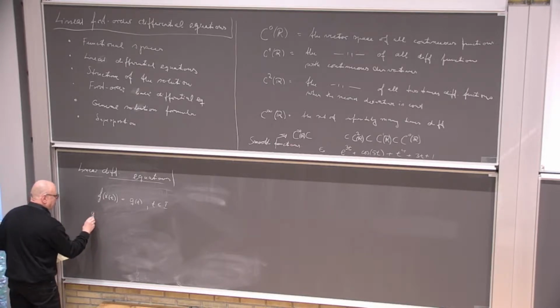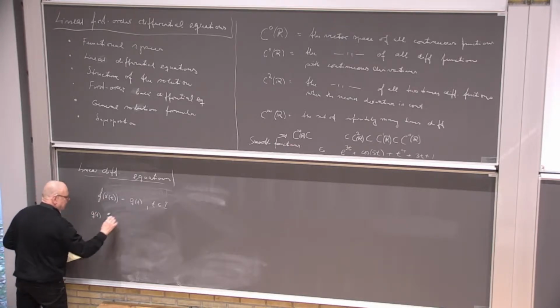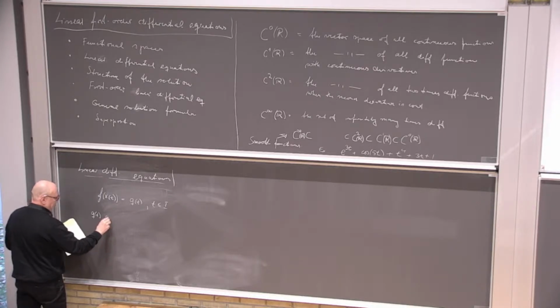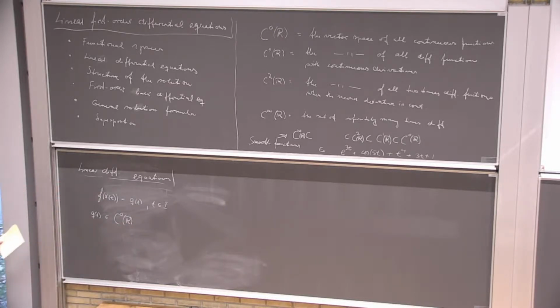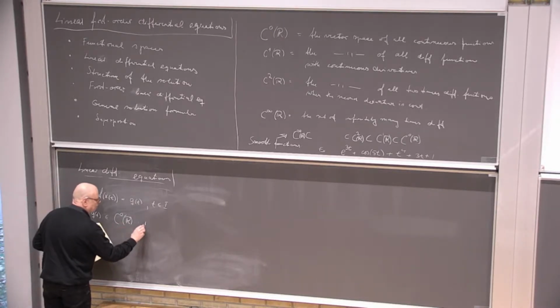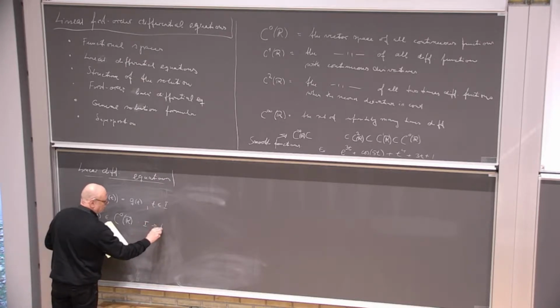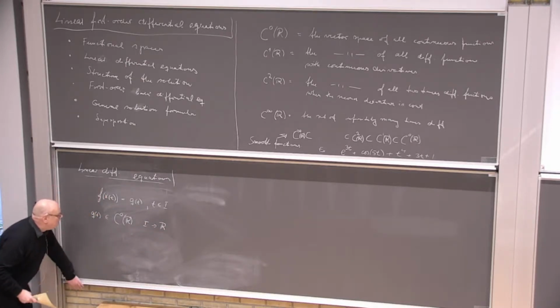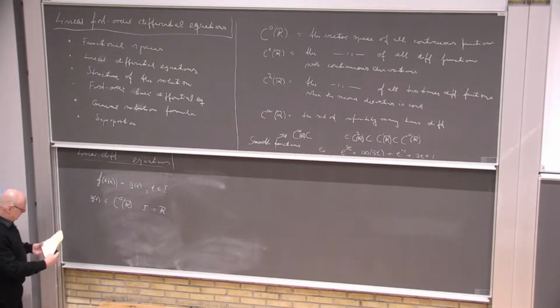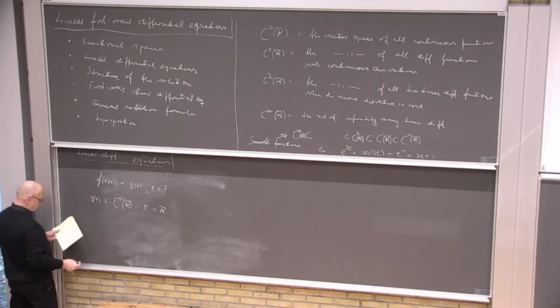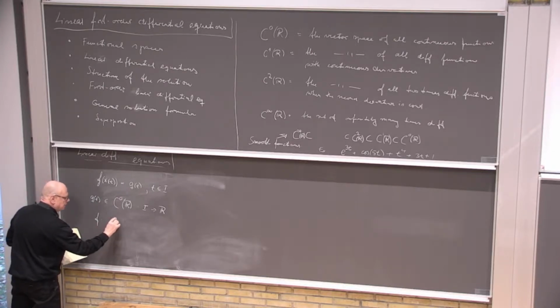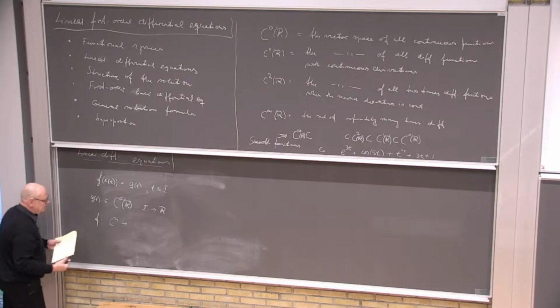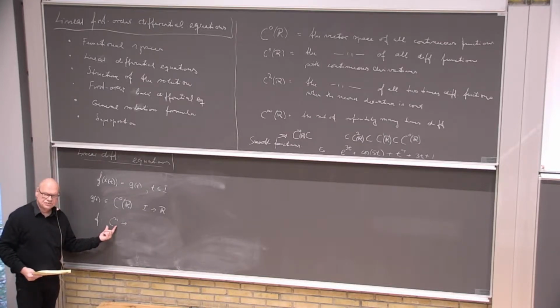Now, the image here is a continuous function. So this is a member of this set. The solution to this equation, or I could say that the mapping, is from a vector space Cn, and this means that these functions are n times differentiable.